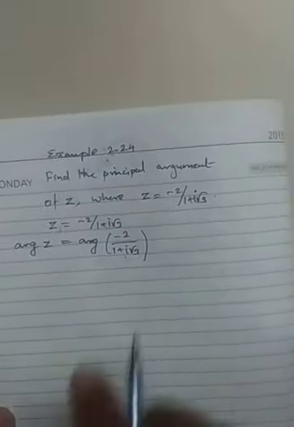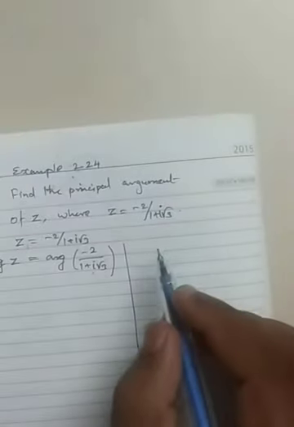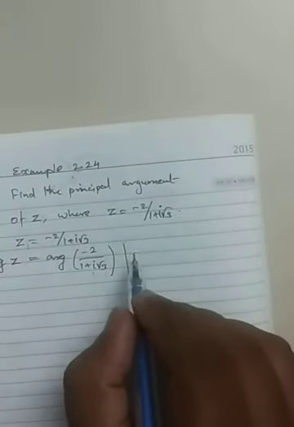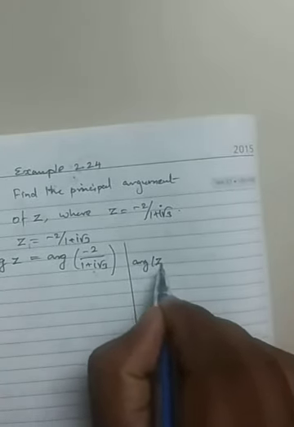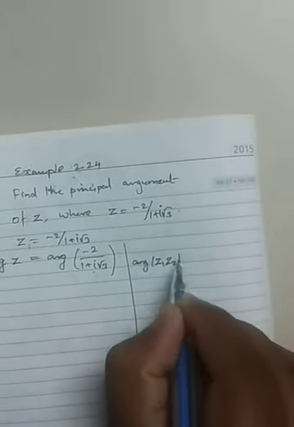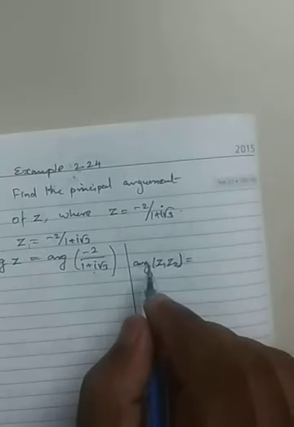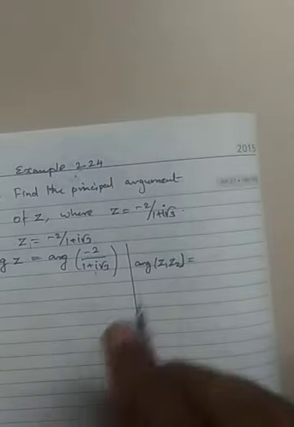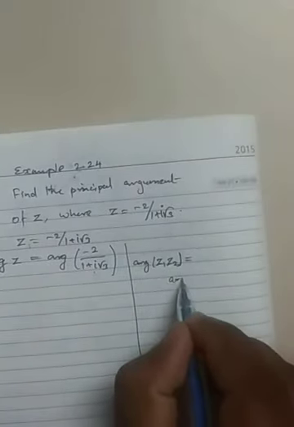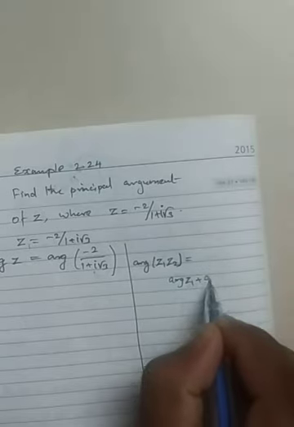Before going to this one, I want to explain a few properties. We have some properties. The argument of z1 z2, that is the angle of two complex numbers, we can write individually. If it is a product, it will come as the argument of z1 plus the argument of z2.